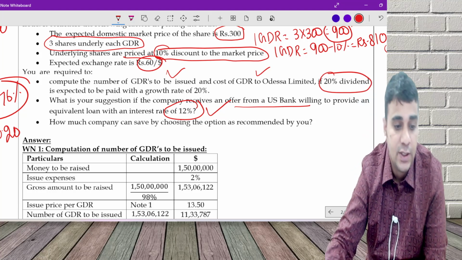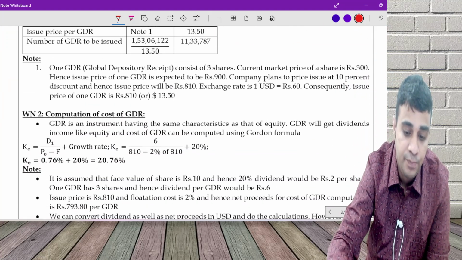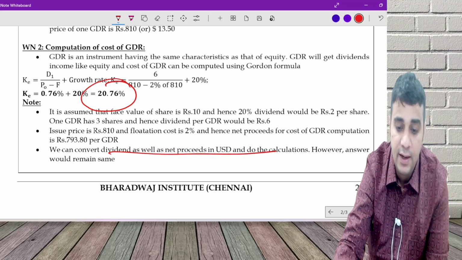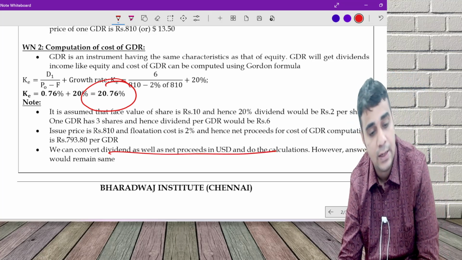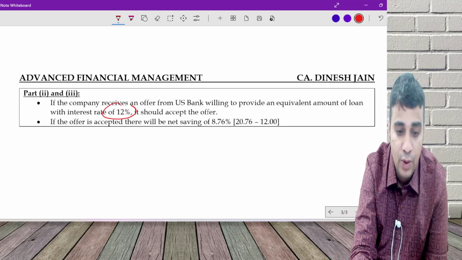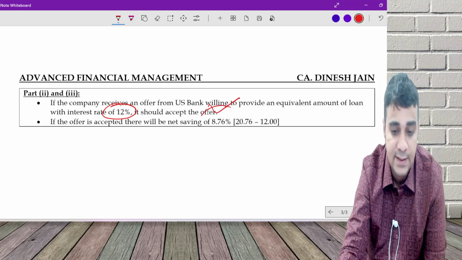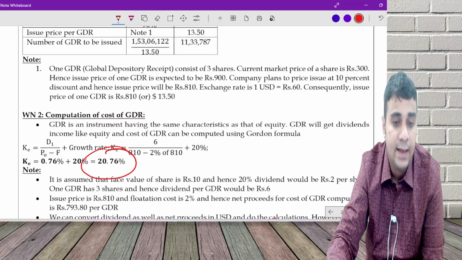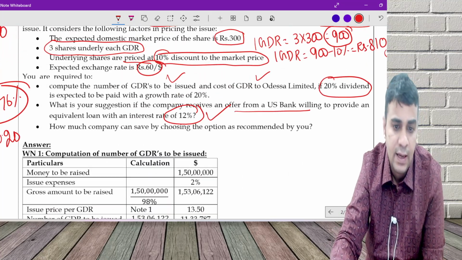We can convert dividend as well as net proceeds in USD and do the calculation. Answer will remain the same.